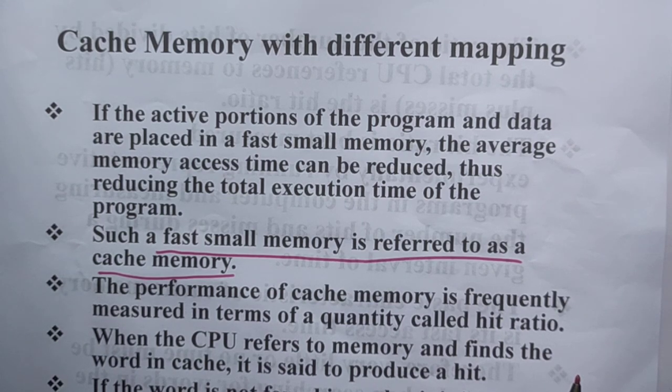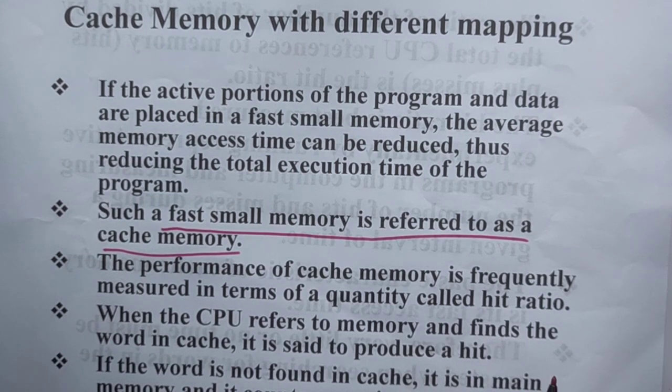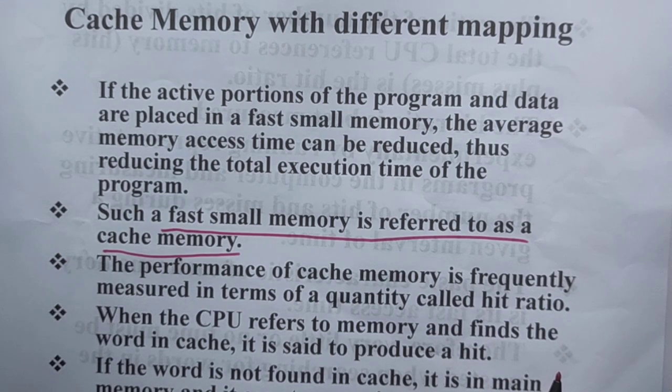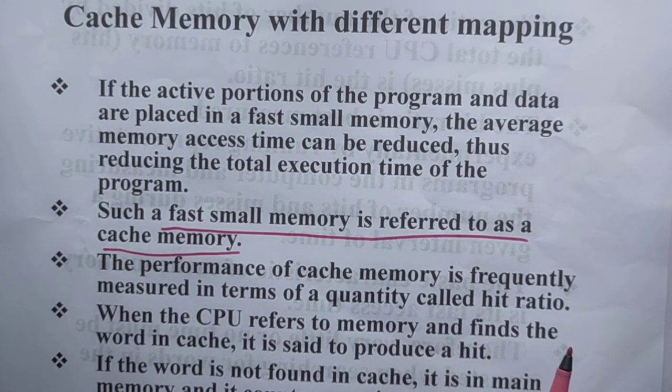And from the analysis point of view, cache memory is frequently used since it has a very fast access time. So we frequently search for our data in cache memory.